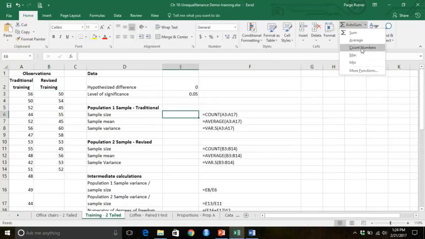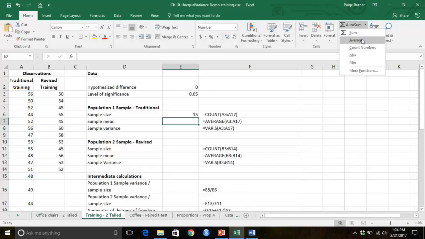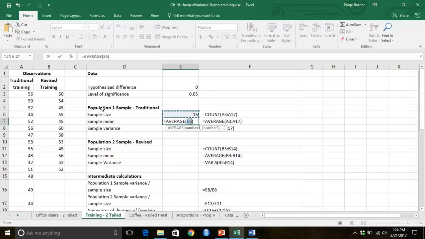So I'm going to compute sample size using my count function. All right, we're already told the sample size for the first one is 15, so we're just confirming that and getting it in our spreadsheet. I'll compute the sample mean for those 15 people's training scores. They had a mean of 49.8. Looking at the numbers, gosh, I sure hope that's not a percentage out of 100.